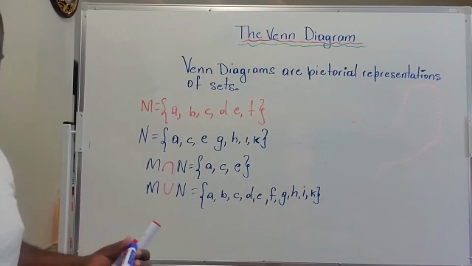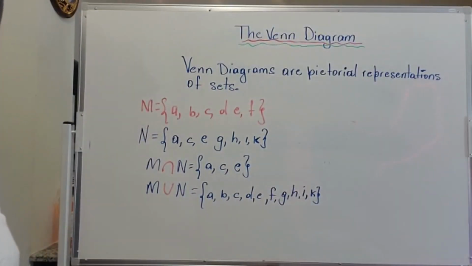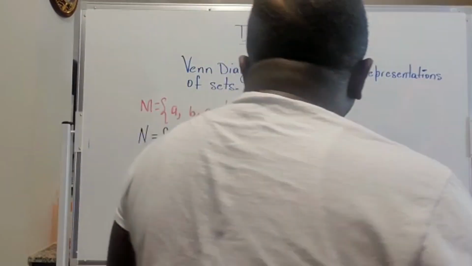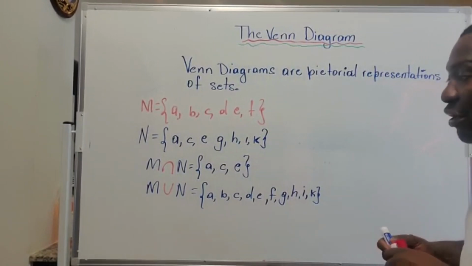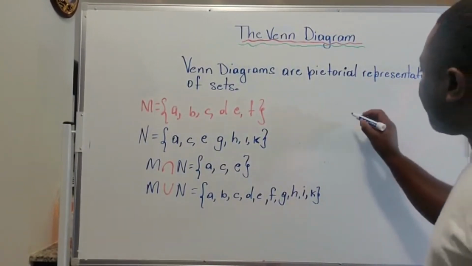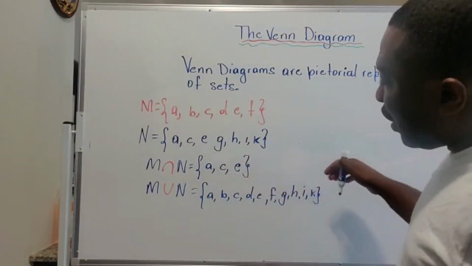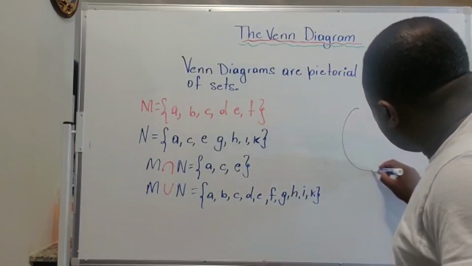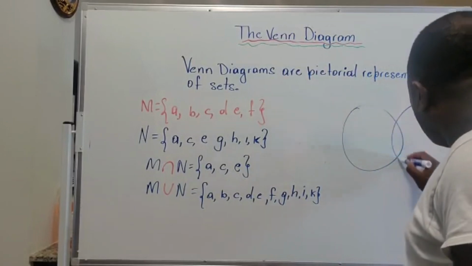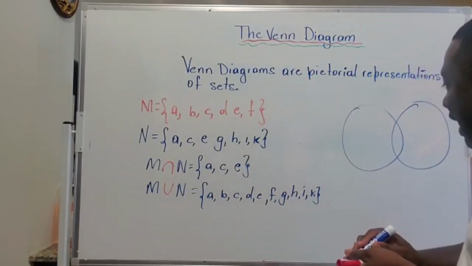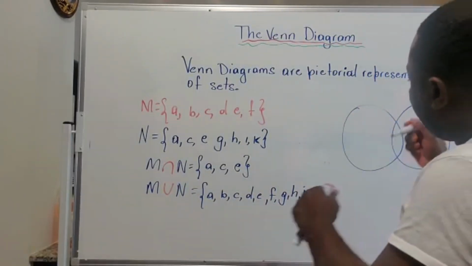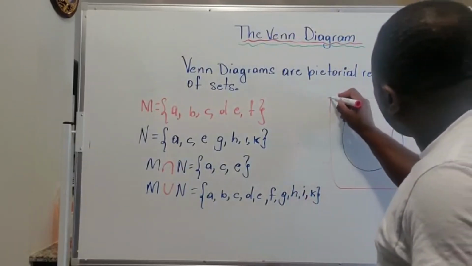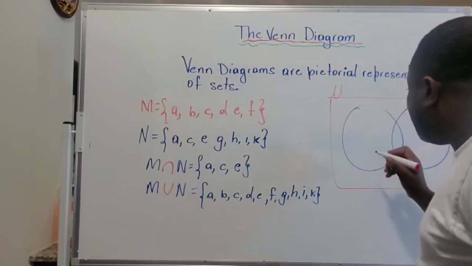Now we want to put this onto a Venn diagram to give us that pictorial representation. So I'm going to be drawing two circles. Are they joined? Yes, because there's an intersection. So these are my circles representing my Venn diagram, and a symbol representing the universe.